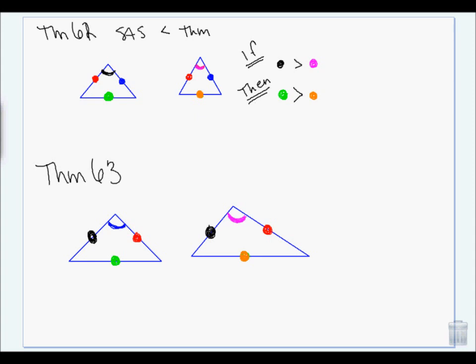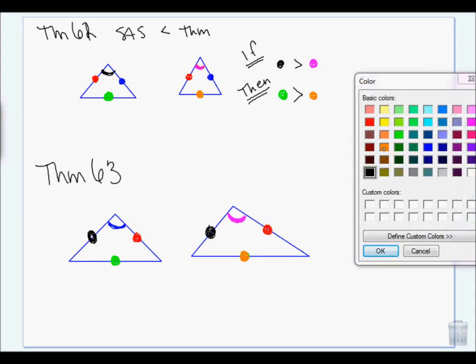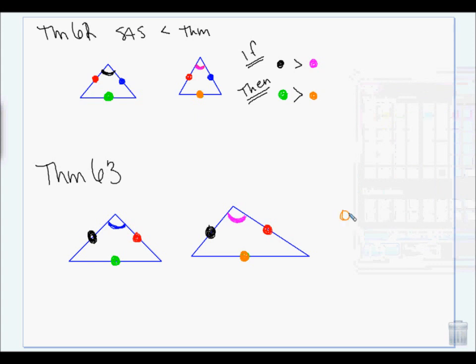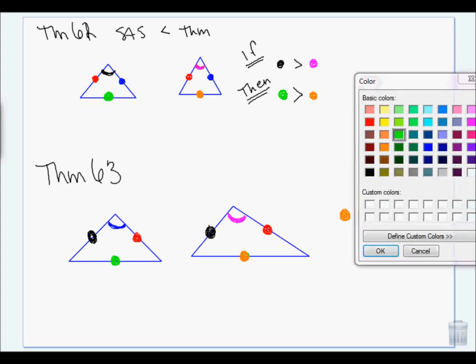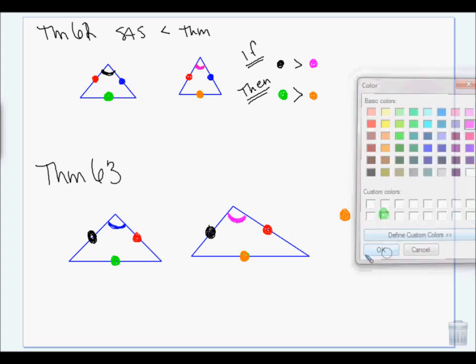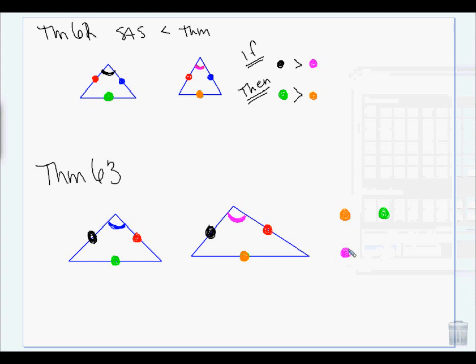What we have now is kind of the opposite. What we have now is if orange is greater than green. So if this side is longer than that side, then that means this angle is greater than that angle.